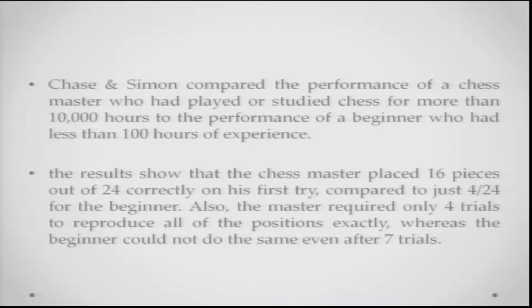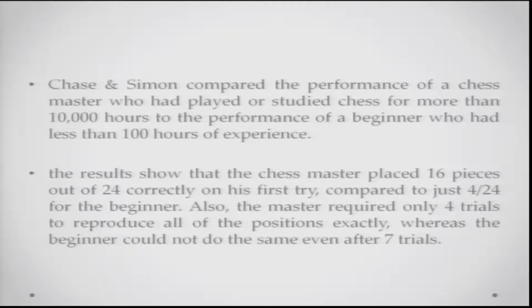The results showed that the chess master had placed 16 pieces out of 24 correctly on his first try itself, compared to 4 out of 24 pieces that the beginner could do. Also, the master required only 4 trials to reproduce all of the 24 pieces correctly, as compared to the beginner who could not even do the same after 7 trials.